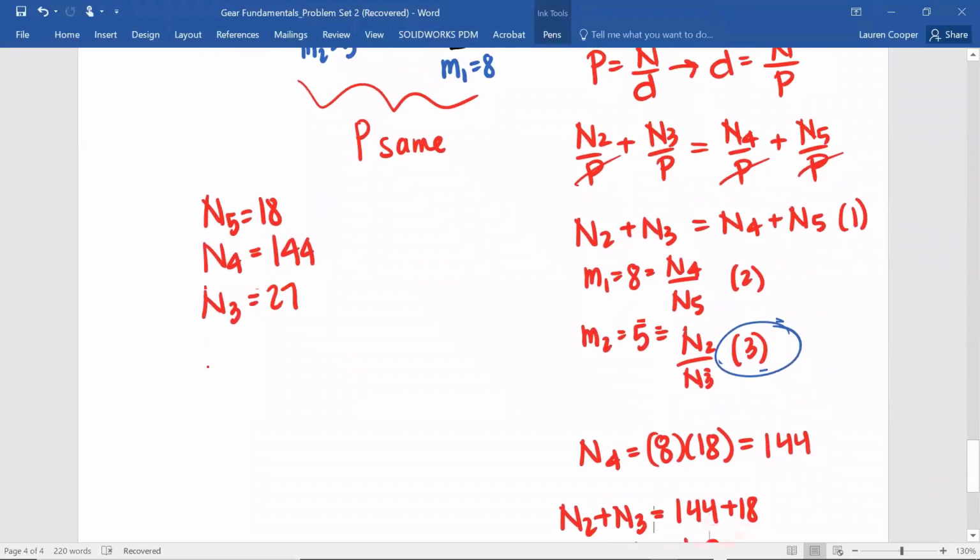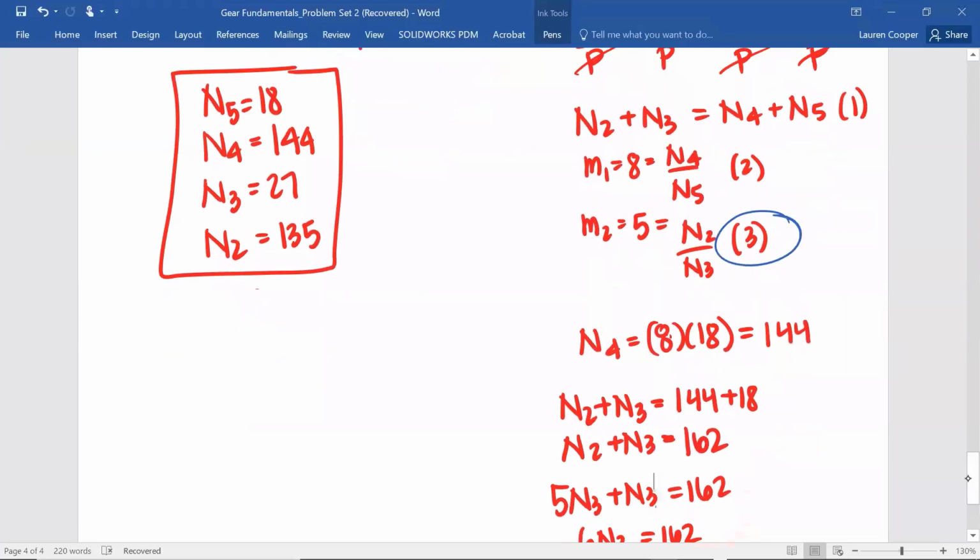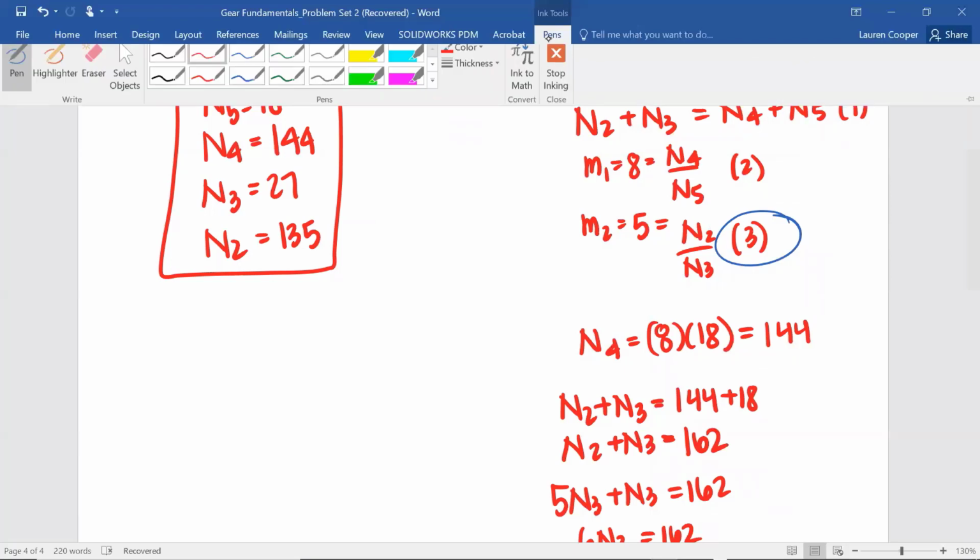Oh, and we need to do N2. So N2 would be 5 times 27. So 135. So let's see if this is going to give us the exact 40-to-1 increase in speed. We know it meets the shaft inline requirement already.